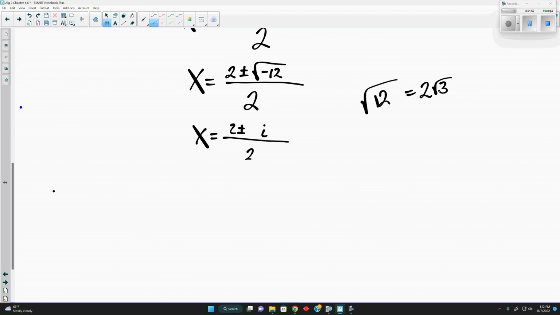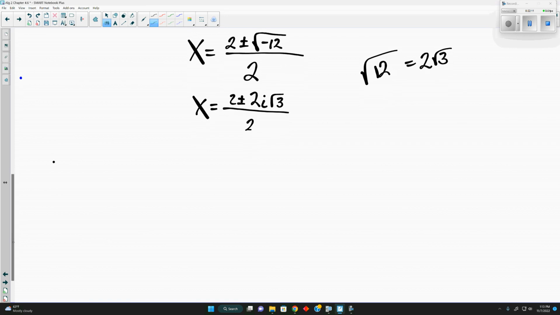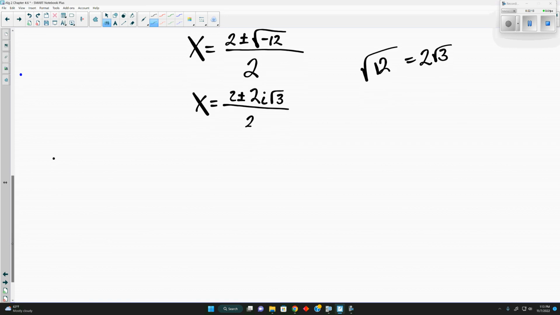So the square root of negative 12 is 2i square root of 3. Questions on this here? Makes sense? Yeah. So again, with these negative radicals, I always take it part by part.